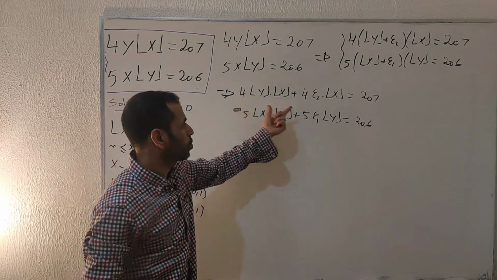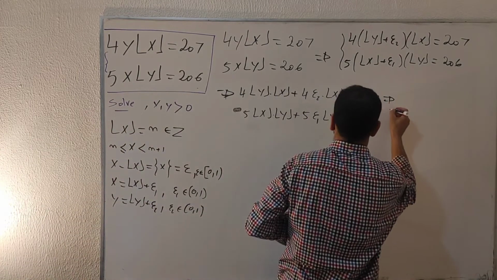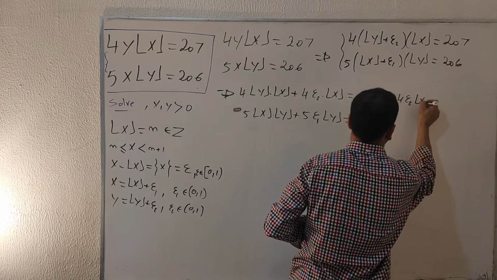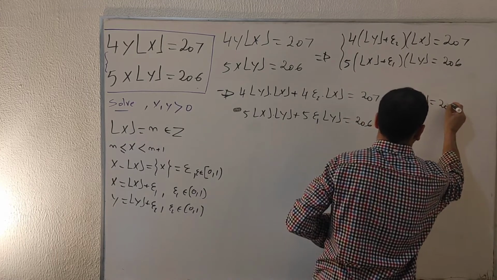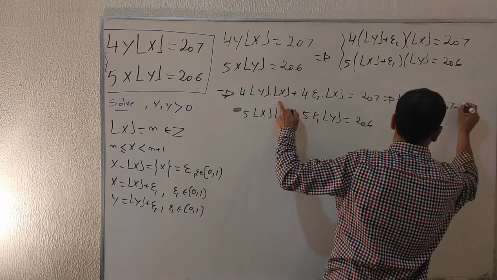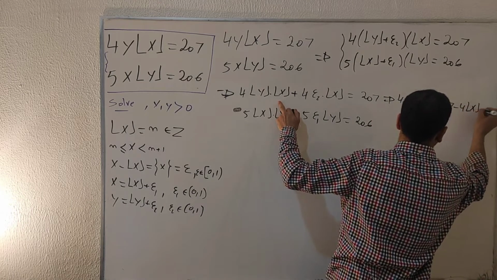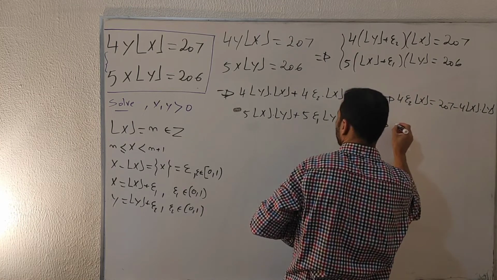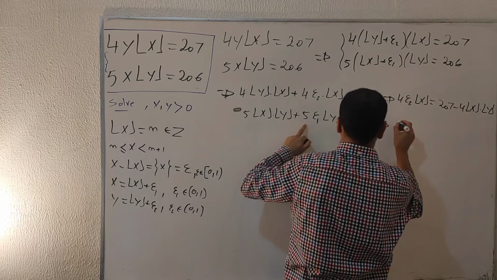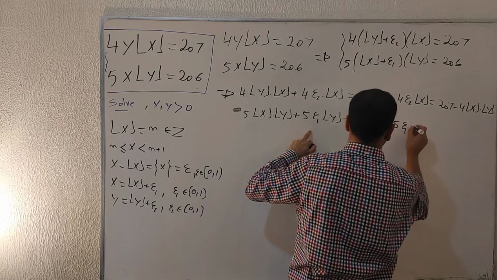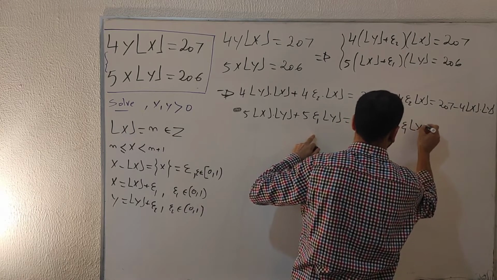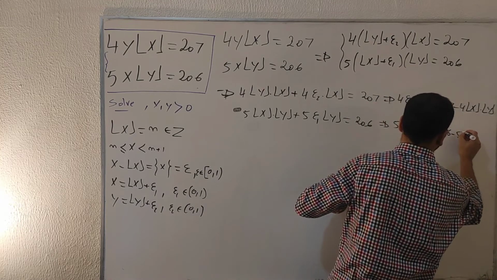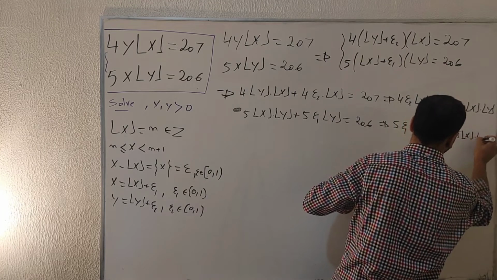I'm going to take the product term to the right side. So I get 4 multiplied by epsilon 2 multiplied by the floor of x equals 207 minus 4 multiplied by the floor of x multiplied by the floor of y. For the second equation, I get 5 multiplied by epsilon 1 multiplied by the floor of y equals 206 minus 5 multiplied by the floor of x multiplied by the floor of y.